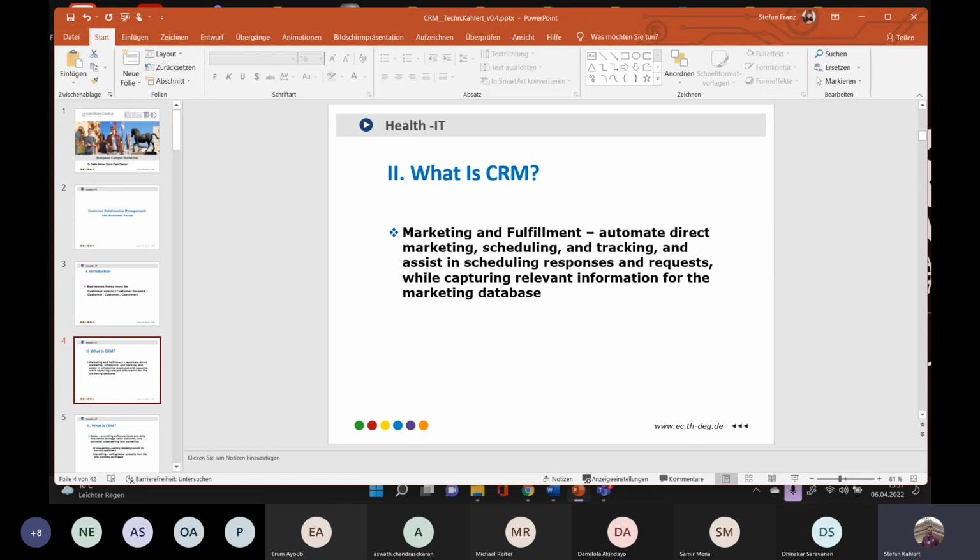It was mainly for marketing automation, scheduling meetings, tracking of clients, of projects, of meetings. It's an assistant to schedule, to acquire clients. And in such a CRM system, you try to capture each information, hopefully only the relevant ones, of the marketing and the client database.